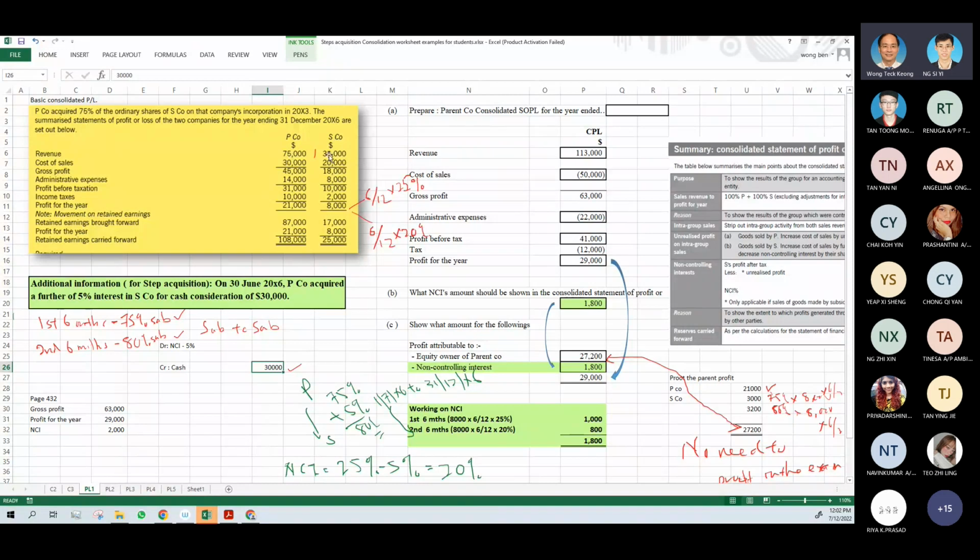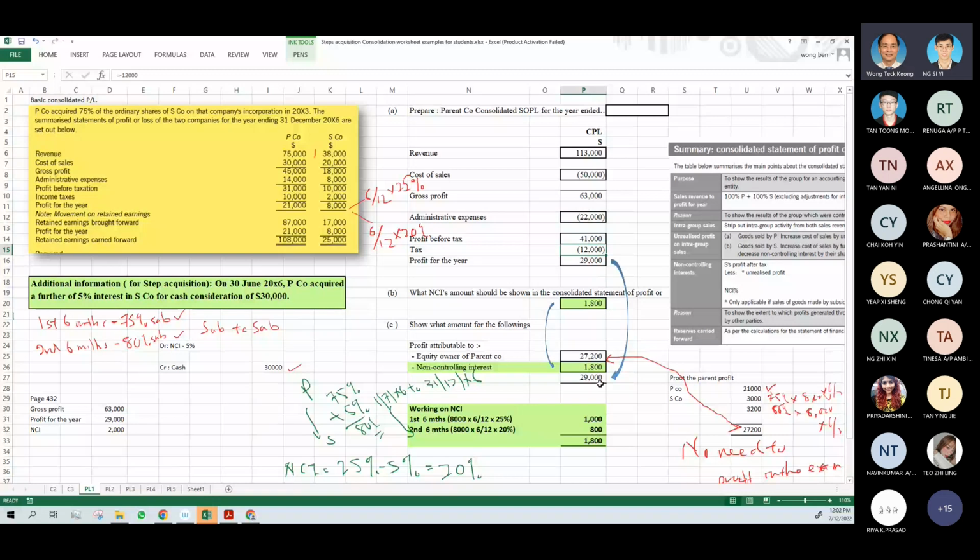Revenue 75,000 plus 38,000, you get 113,000. Cost of sales, parent plus subsidiary, 30 plus 20, 50. Admin expenses, 14 plus 8,000, 22. Tax, 10,000 plus 2,000, 12,000. So you get 29,000.